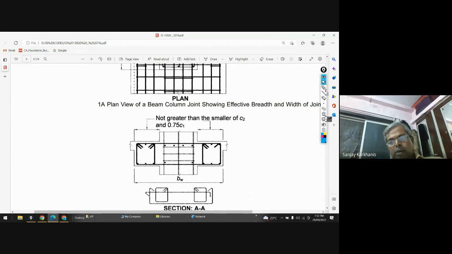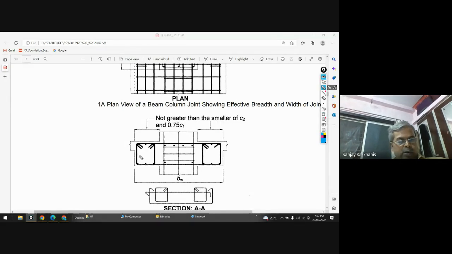So finally, if you write it, BW will be equal to, this is C2, so this is distance C2, plus on this side C2, on this side C2, that is twice C2. So that means three times the width of the column. So this is your first calculation.